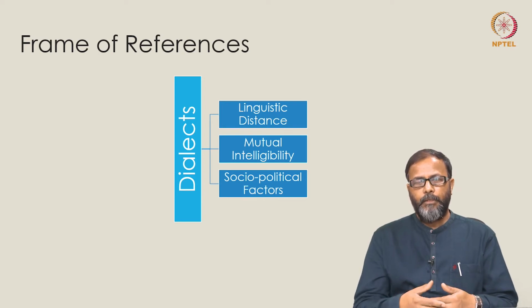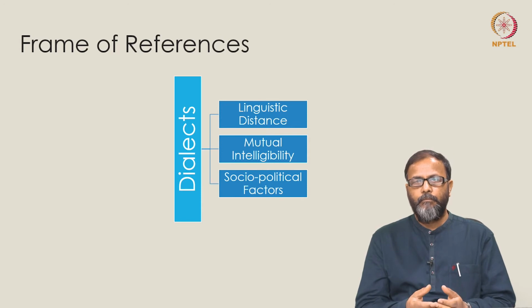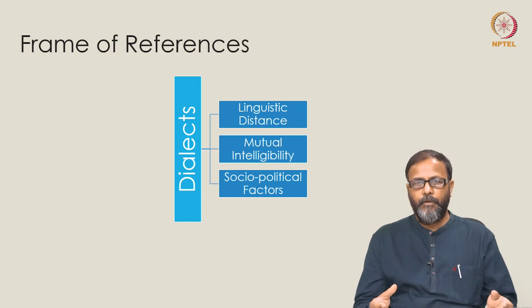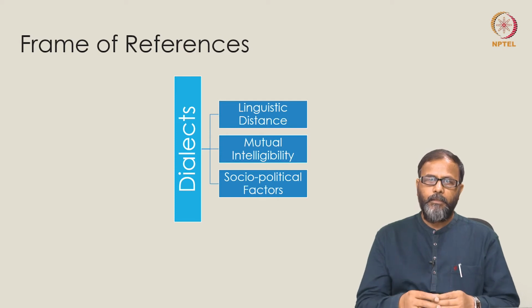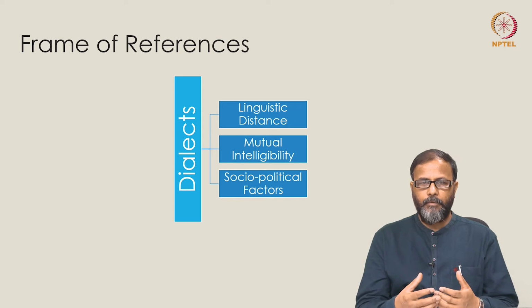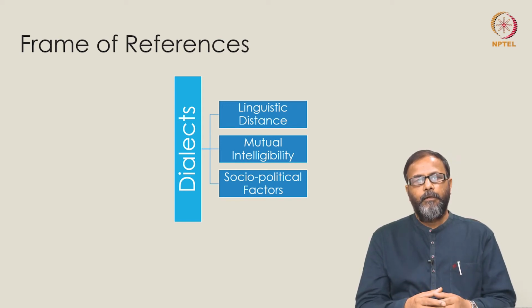They are all put in one bracket under Hindi, with the belief that they are mutually intelligible and the linguistic distance is not very far. These languages are spoken in the Hindi heartland, the northern part of India. There are certain socio-political factors attached to it, so they are considered dialects of Hindi.